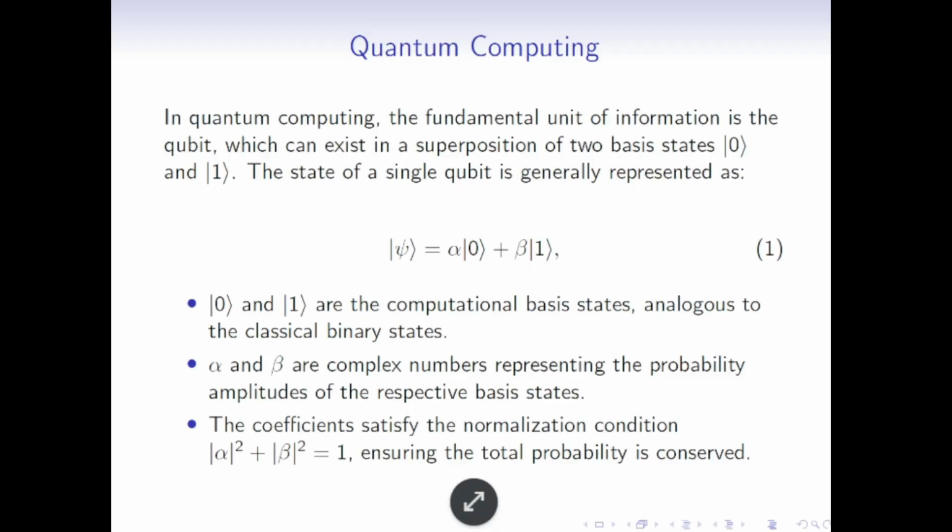Now take any two-level system, like a photon. A photon can have two polarizations, but there can also be a linear superposition of them. So you can use a photon as a qubit. That is why qubit is a good general name. Any two-level system you can use.